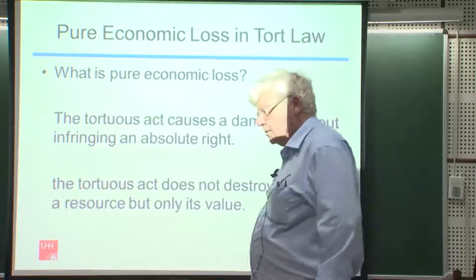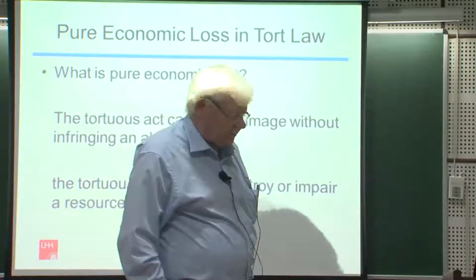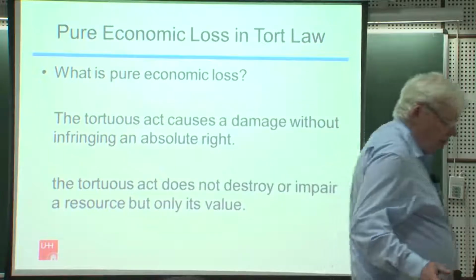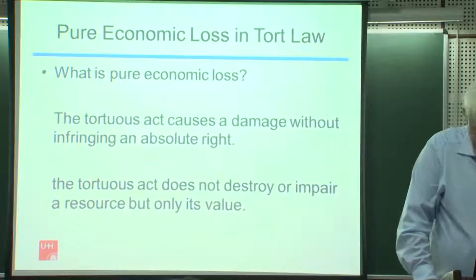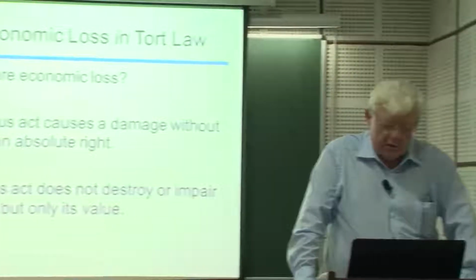Or take another case. Take the case of an oil spill. There is an oil spill in a tourist area, and this oil affects the beaches, and they have to be cleaned up, which is very costly.